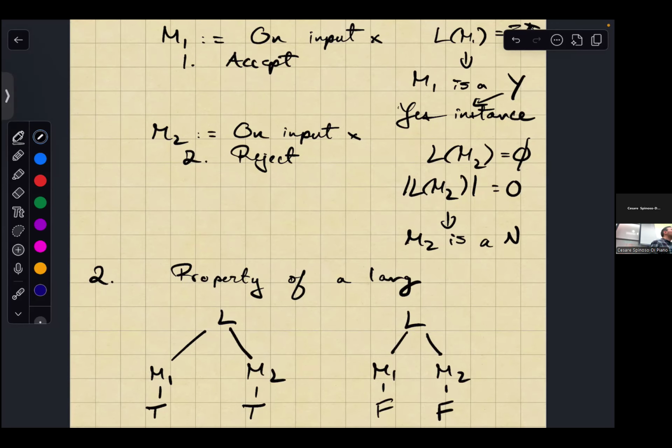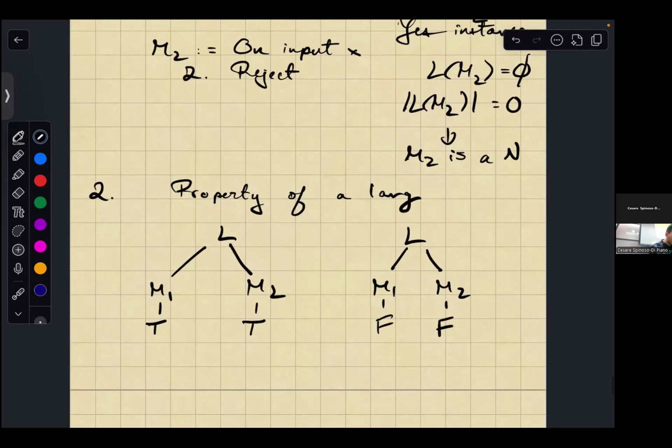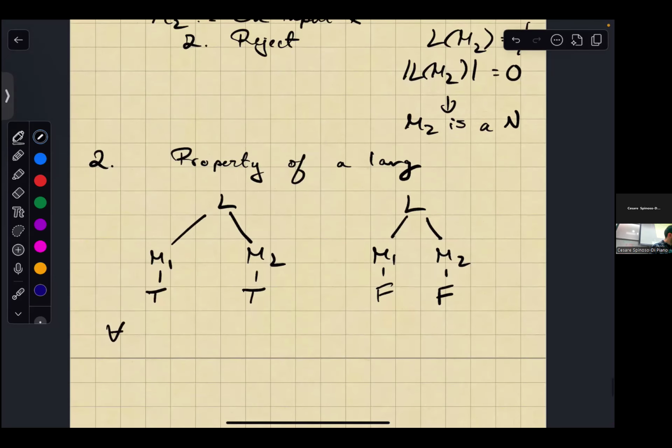So, formally, how do you actually show this? Just a reminder, you can formally encode this in propositional logic as follows.